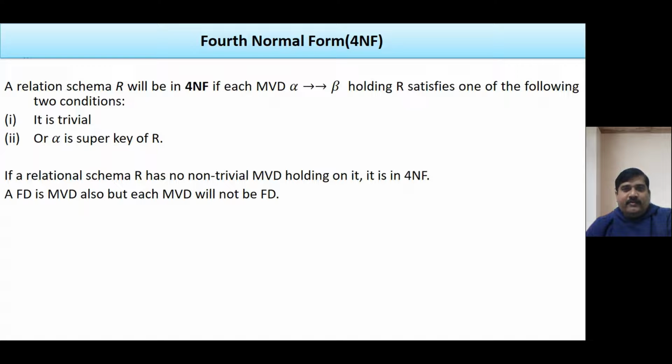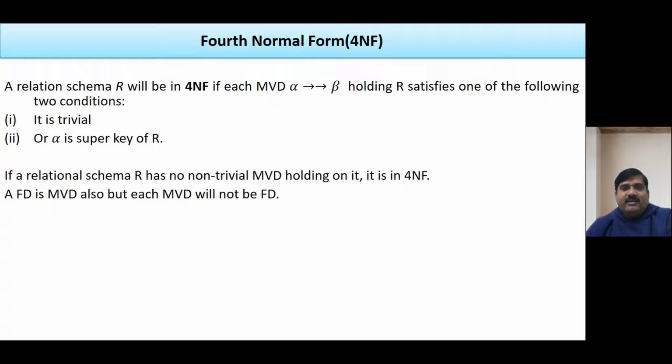As you all know, in second normal form we see the partial dependency. If there is any partial dependency, we remove those dependencies by decomposing that relation into smaller relations. And if there is any transitive dependency, then we remove it by decomposing that relation into third normal form.